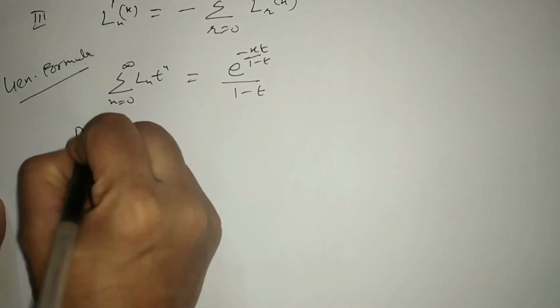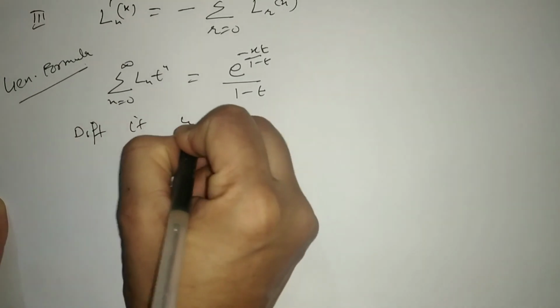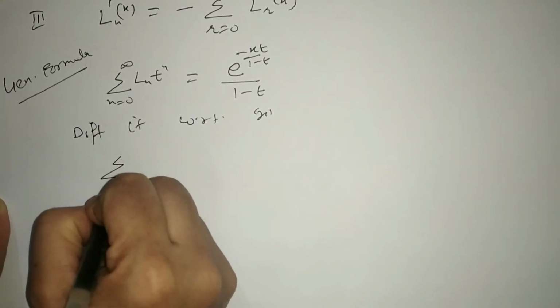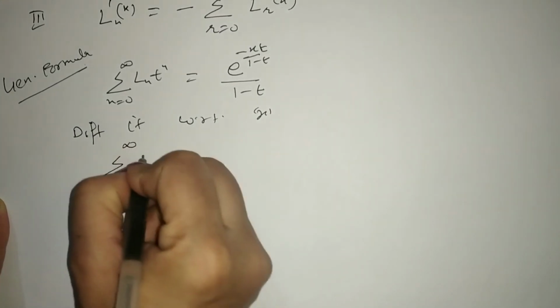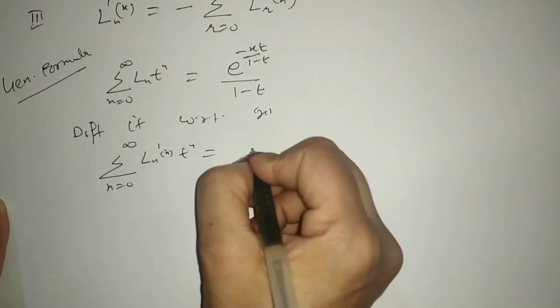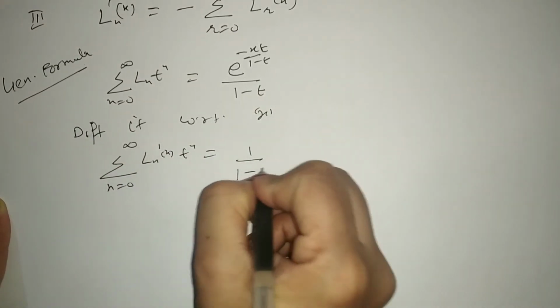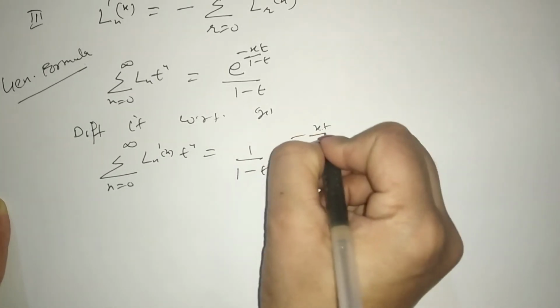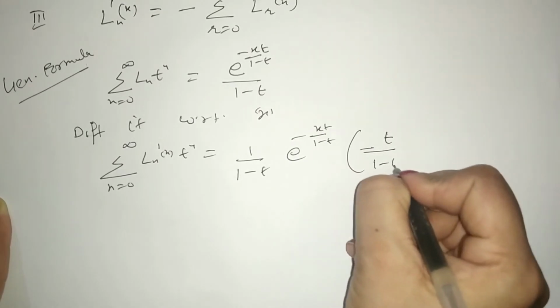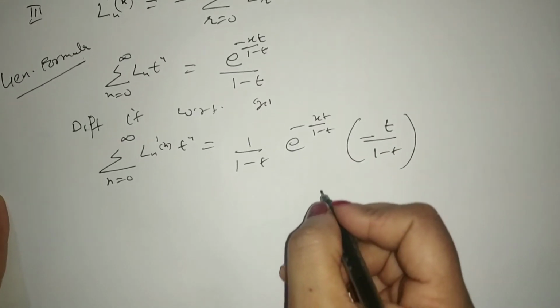And now we differentiate it with respect to x. It is the summation, n varying from 0 to infinity, of L_n'(x) t^n. On the other side, as we have done earlier, e^(-xt/(1-t)) into the derivative of minus xt upon 1 minus t.